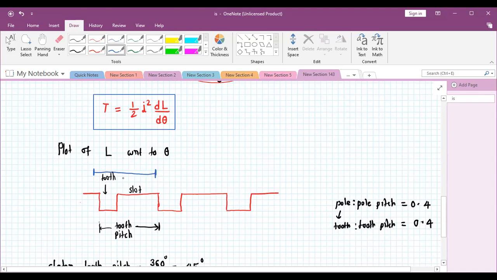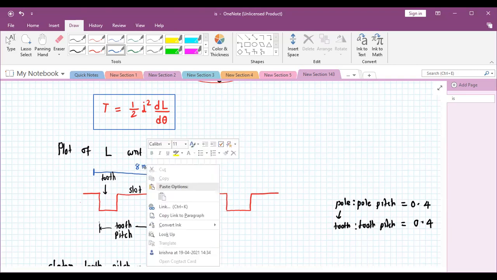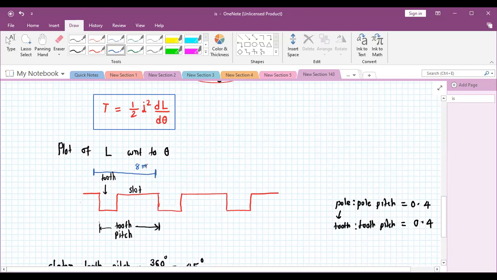So among these, how much percentage will be given to the tooth? Are you getting? Say for example, I will say the total length is 8 mm. Just I am giving an example. So tooth pitch is 8 mm.